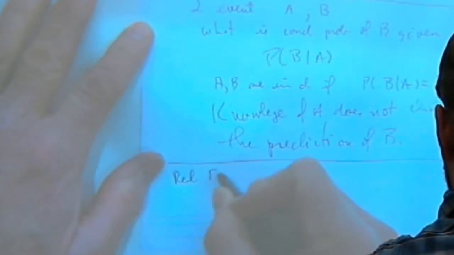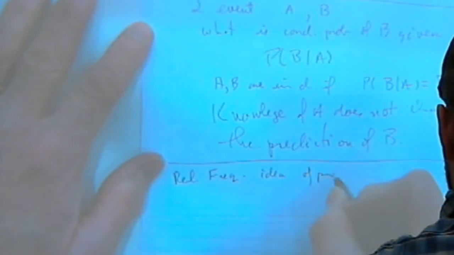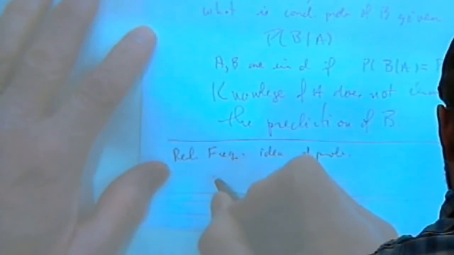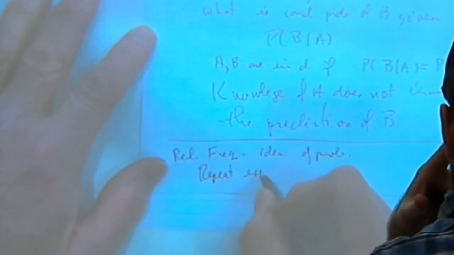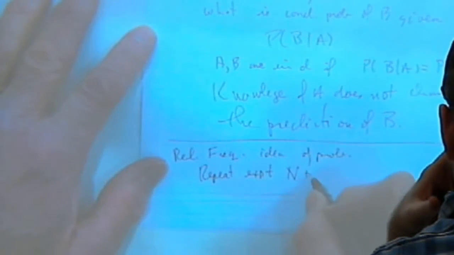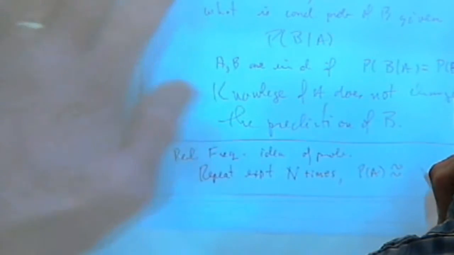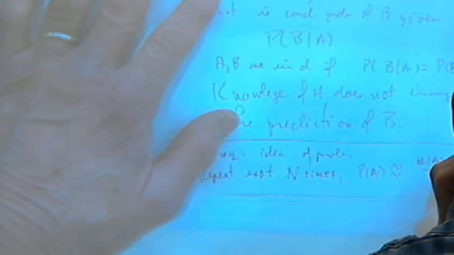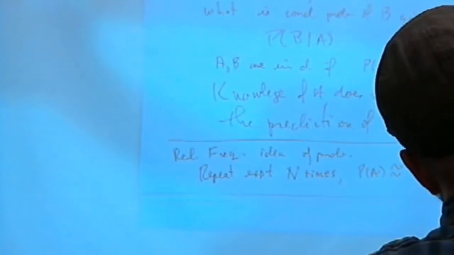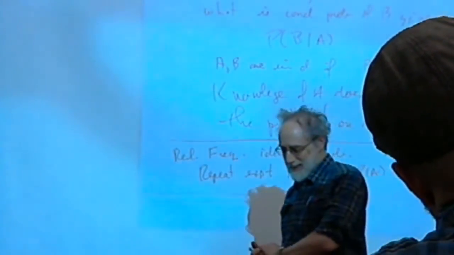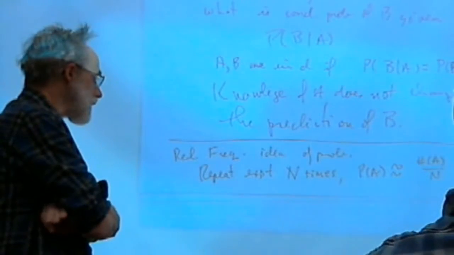So this is the relative frequency. It relates to the law of large numbers, but for this class, just think of capital N as very large.